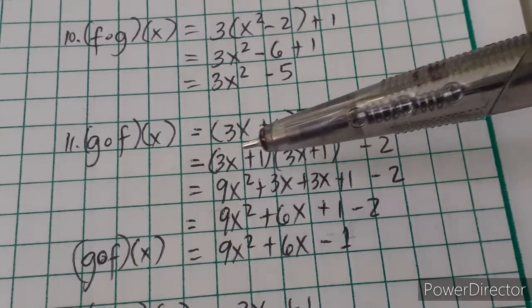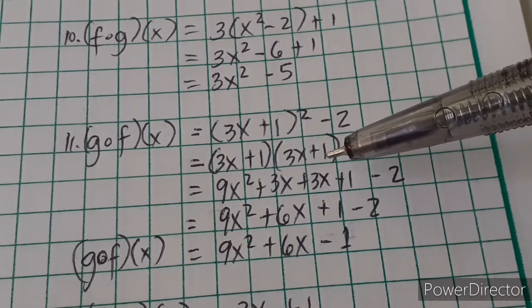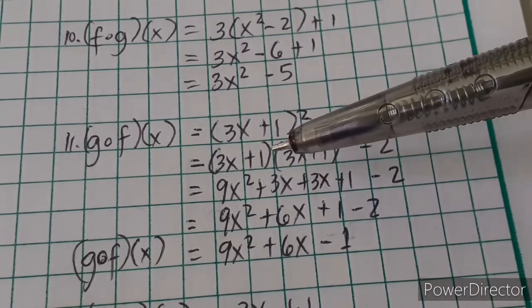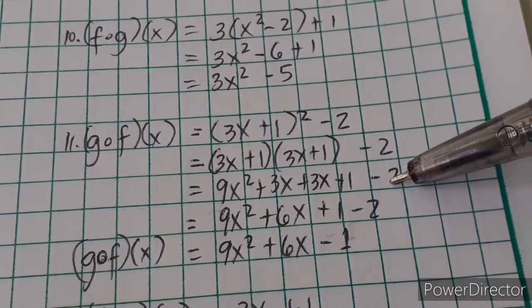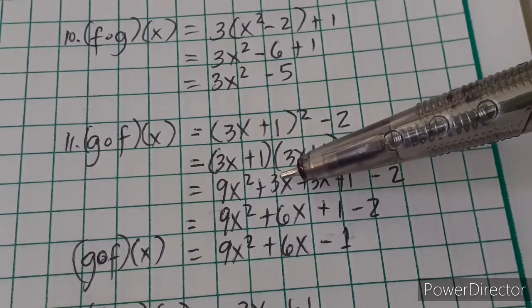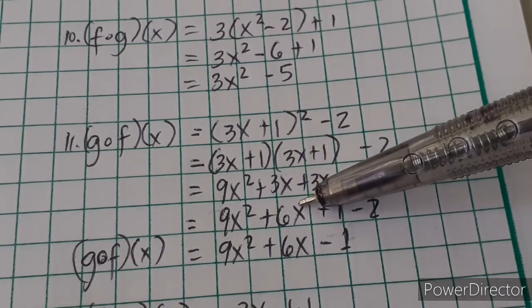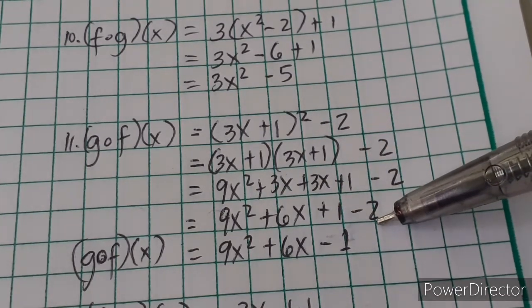So 3x times 3x, this is 9x squared. 3x times 1, 3x. 1 times 3x, positive 3x. 1 times 1 is 1, still minus 2. And so we combine the x's. 3x plus 3x, you get positive 6x. Plus 1 minus 2.